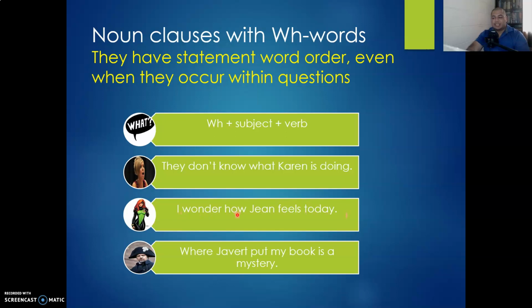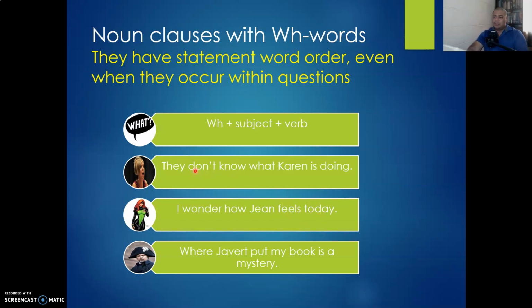Notice that I'm not using that. Where Javert put my book is a mystery. So WH word, subject, verb, and in this case, I have a direct object in the complement. In this other case, I have a WH word, a subject, a verb, and I have this adverb that complements the sentence.